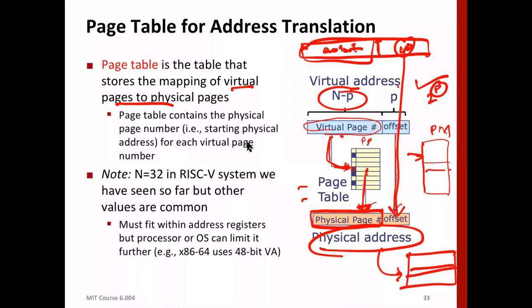Here the minimum transfer unit from secondary memory to main memory is a page. So even if you want to read a byte from main memory, the whole page has to be brought in. The whole page has to be there, right? So within that page, which memory location you want to read will come from the offset.